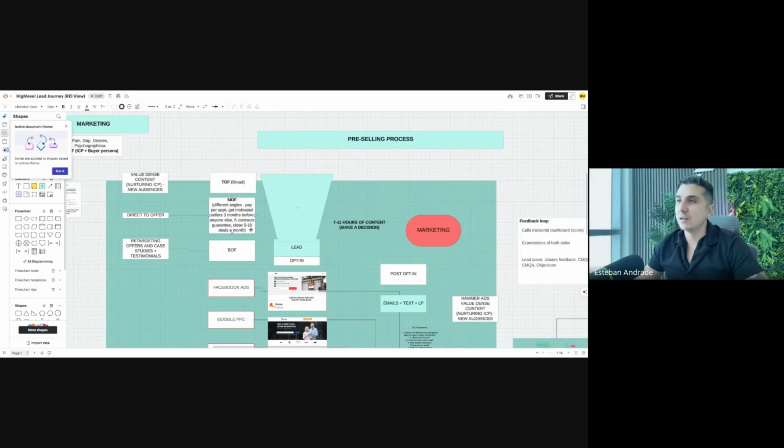You got here the essentially funnel awareness. We got top of the funnel, very broad, middle of the funnel. You get them going here.